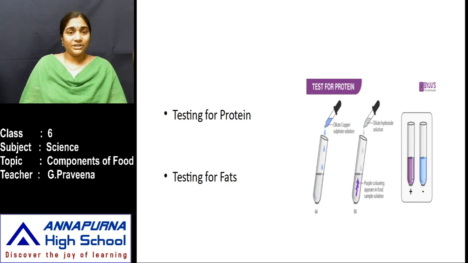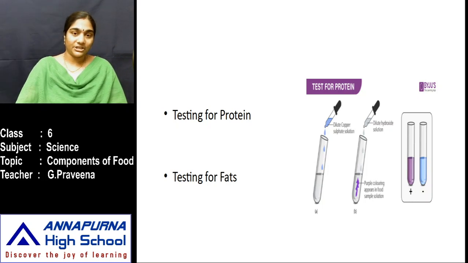After addition of these two chemicals to the food substance, if the color changes to violet, it tells that the food substance consists of major amounts of protein in it. If there is no color change, the food substance doesn't consist of proteins.